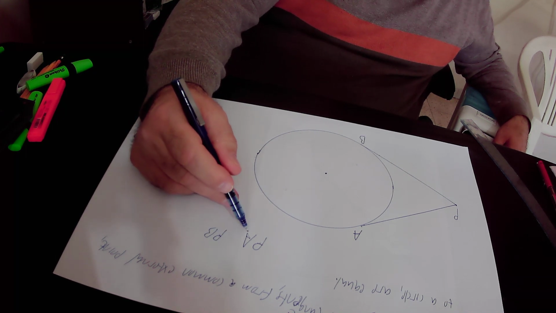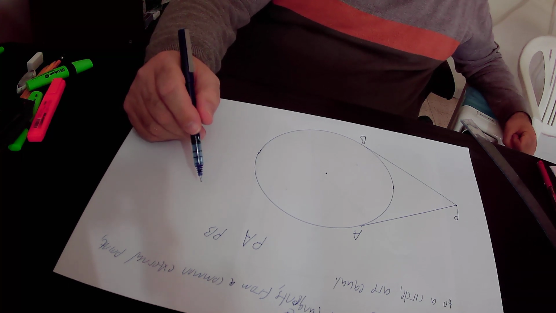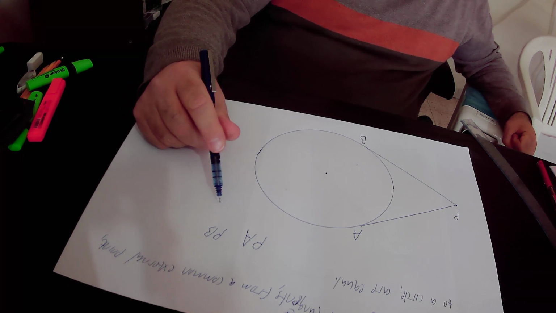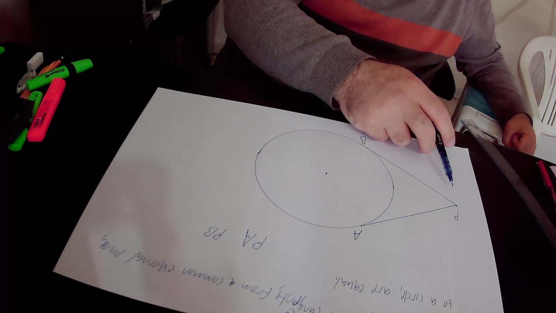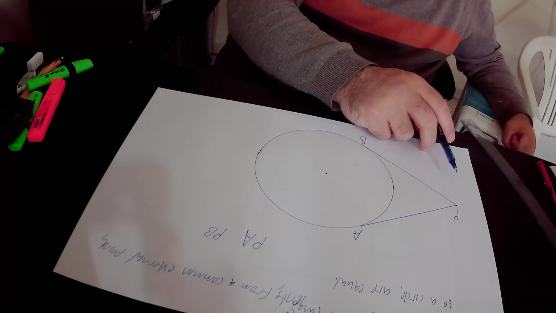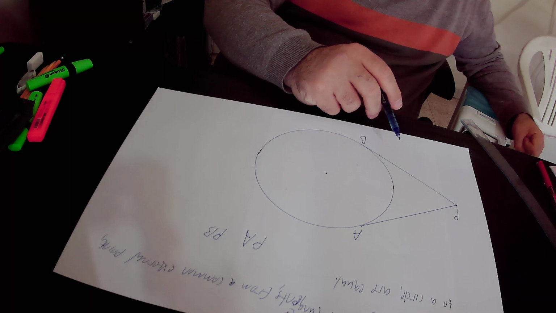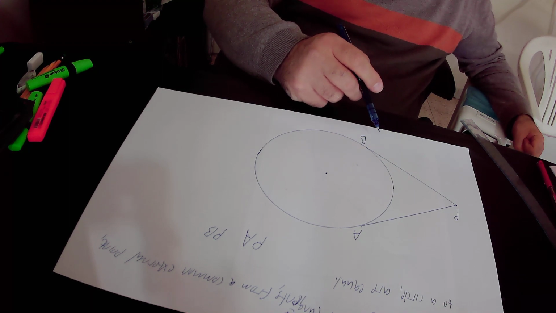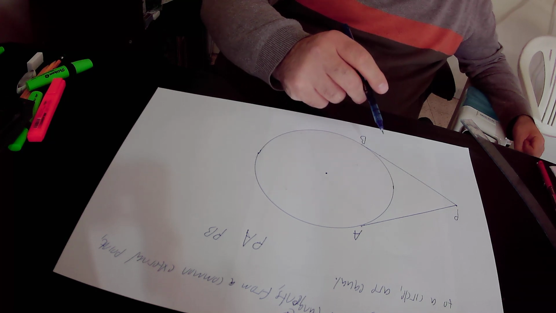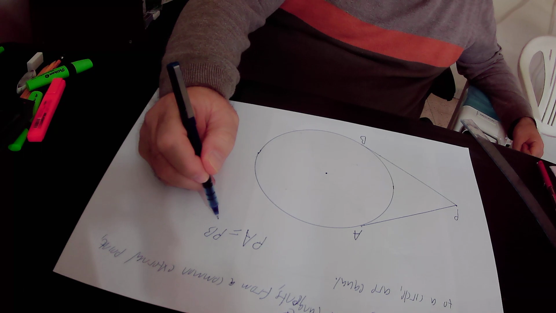And according to rule number 1, the lengths of two tangents, that is to say PA and PB, from a common external point, the common external point is point P, the lengths of two tangents from a common external point to a circle are equal. That is to say, PA is equal to PB.